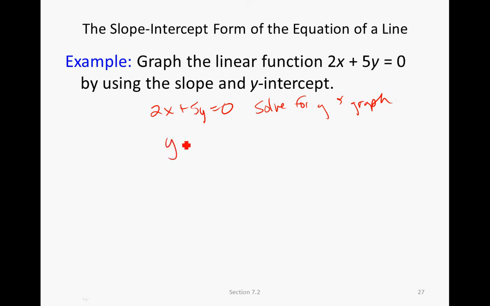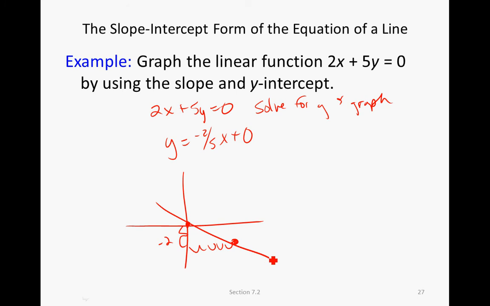Solving the equation for y should yield negative 2/5 x plus 0. Our y-intercept is 0. We slope down 2 over 5. And there is our graph of the equation.